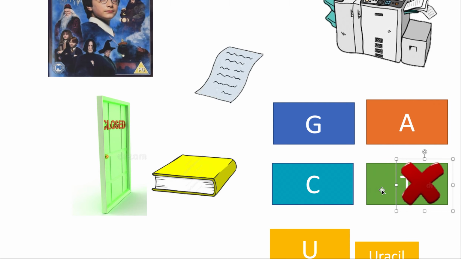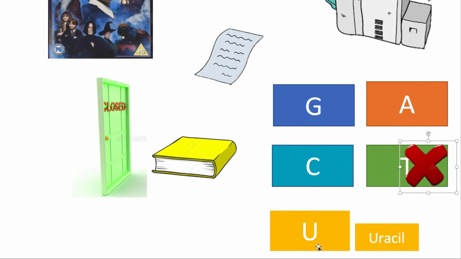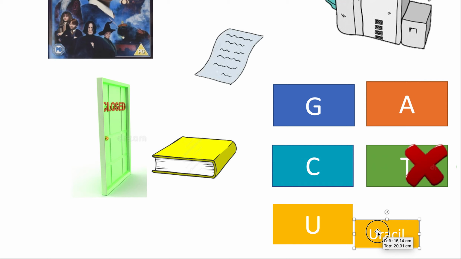And I'll explain shortly why this makes sense, why there's a difference in the alphabet. But just remember this for now, that every place there was a T in DNA, there will now be a U in RNA. And that's how, when your teachers give you a list of alphabet letters, you'll know if that is from RNA or from DNA.